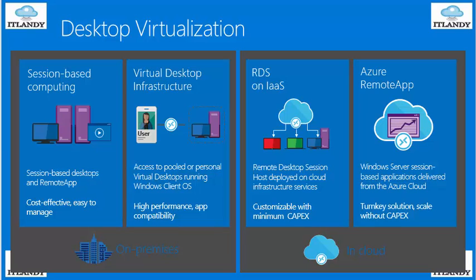Whereas in the cloud, we have RDS as infrastructure as a service, or IaaS, and Azure RemoteApp. Remote desktop session host deployed on a cloud infrastructure service, customizable with minimum capex. Windows Server session-based applications delivered from Azure cloud, and again scalable without capex.